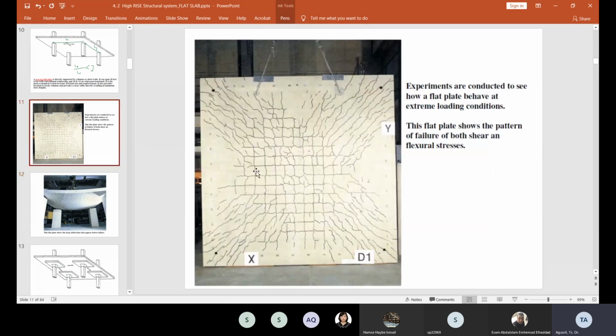Because the crack is at the middle span of the slab, this is considered due to flexural bending.